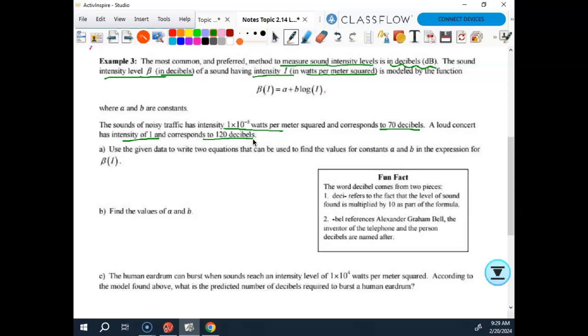So we're going to use the given data to write 2 equations again that can be used to find A and B. Before I do that, I want to make sure I know what my ordered pairs are. They gave me information to fill in 2 ordered pairs so I can write 2 equations. I know that this 1 times 10 to the negative 5th goes with 70. But I have to make sure I know which one is x and which one is y. Which of these 2 things is my x value? What is my input? What is my output?